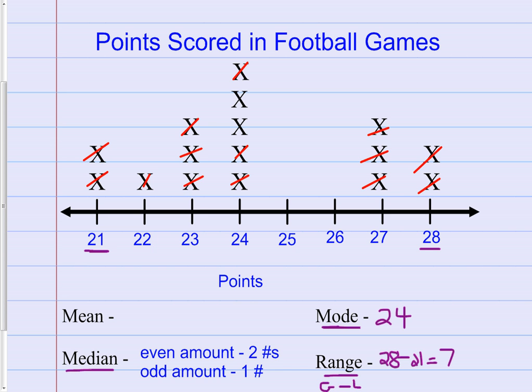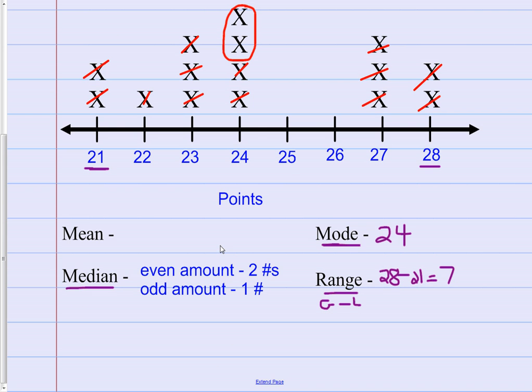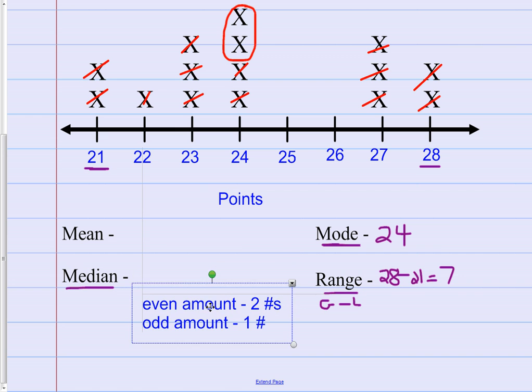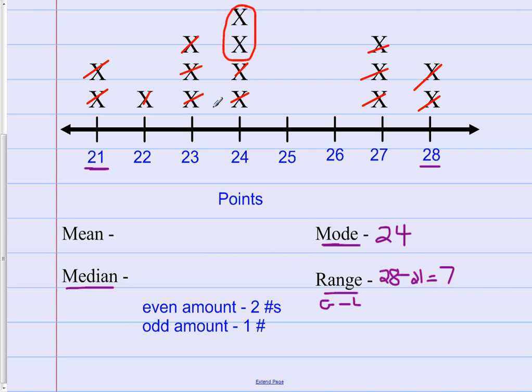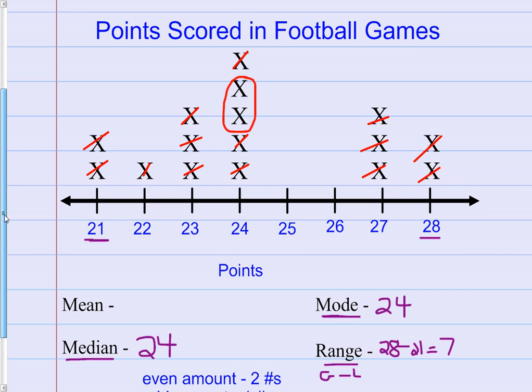And now I am left with my last two values. My last two values are these two X's right here. Well, they both are on 24, so my median is actually pretty simple. My median is 24, because they both ended up on the same one.